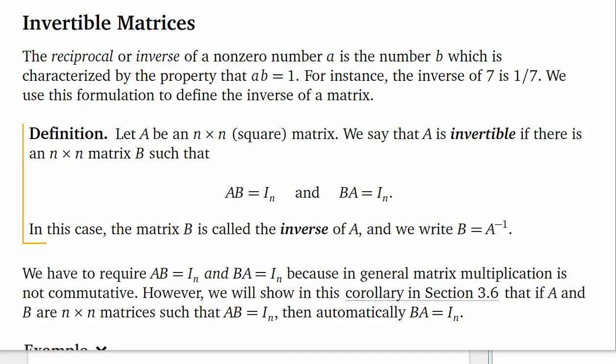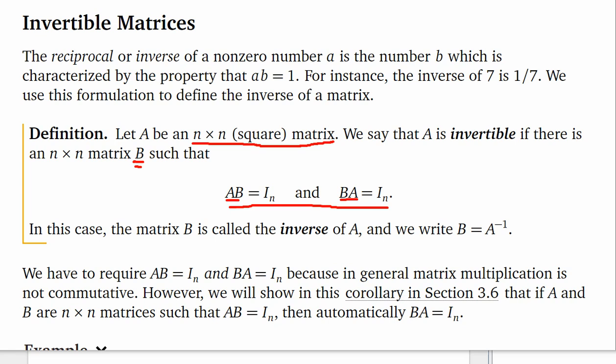So the definition of an invertible matrix is right here. This is the key property. I need A to be a square matrix. That will become clear as you start calculating them using row reduction. But suppose we have a square matrix, then we're looking for a matrix B that has the property that when I multiply AB or when I multiply BA, I get the identity matrix.